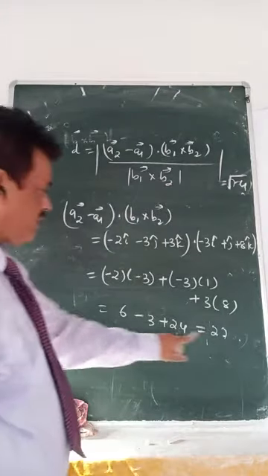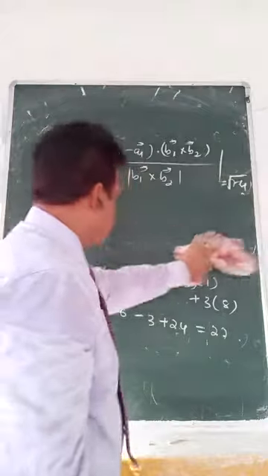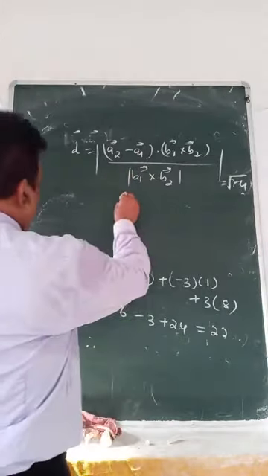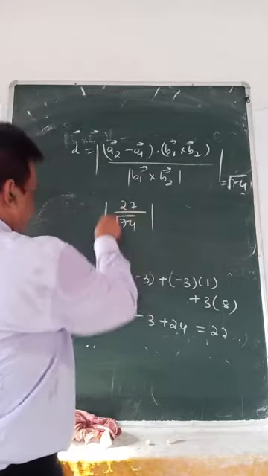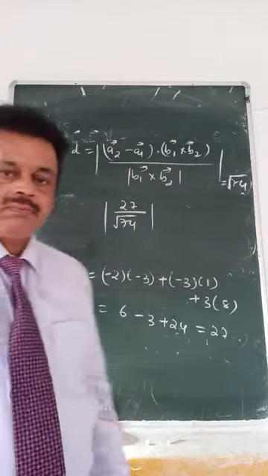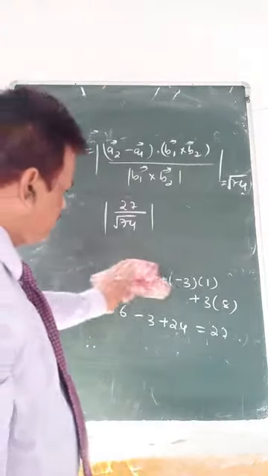So this is 27 by root 74. Okay, then let's take the last question.